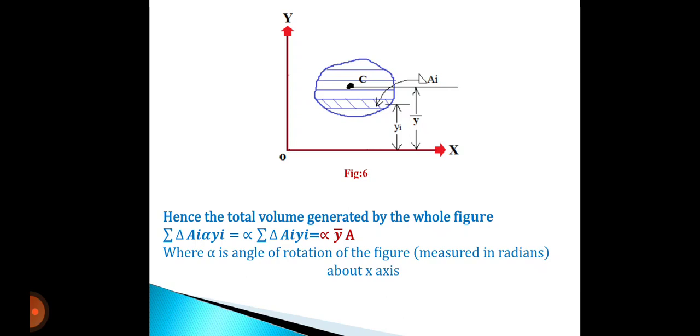Any element of area del Ai generates a sector of a thin ring of volume equal to del Ai alpha yi. Hence, the total volume generated by the whole figure is the summation of del Ai alpha yi, that is alpha summation of del Ai yi, which equals alpha y bar A, where alpha is the angle of rotation of the figure measured in radians about the x-axis.